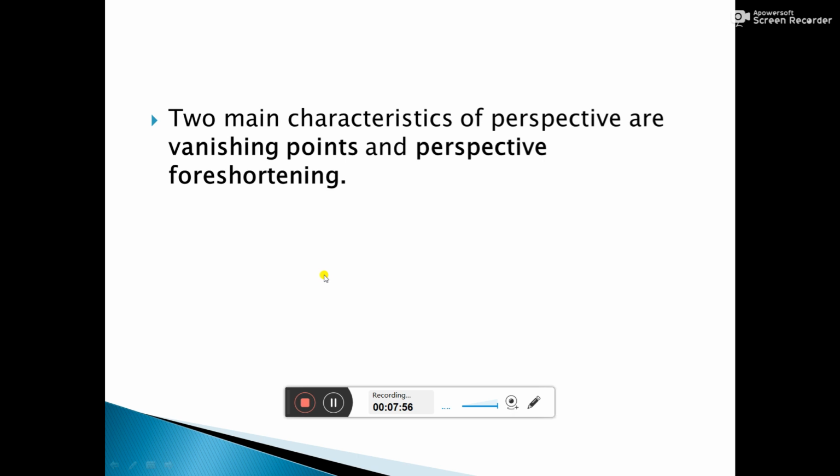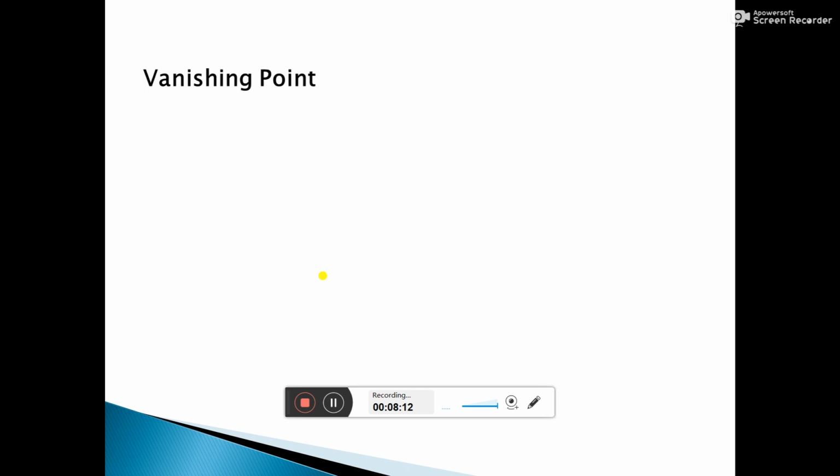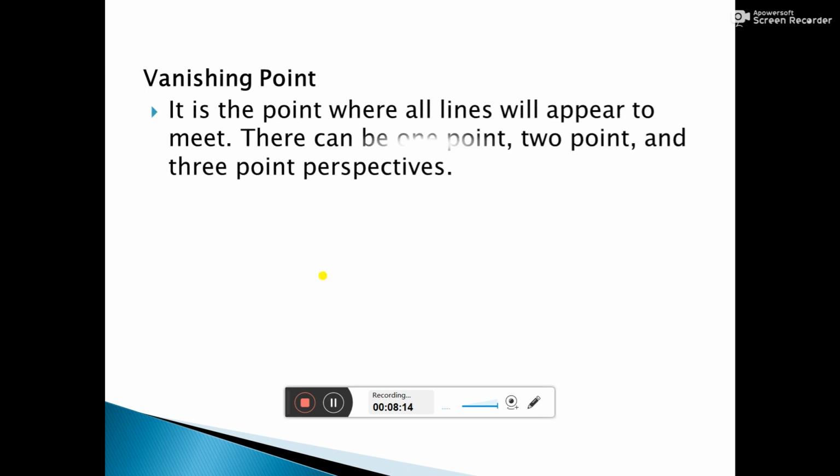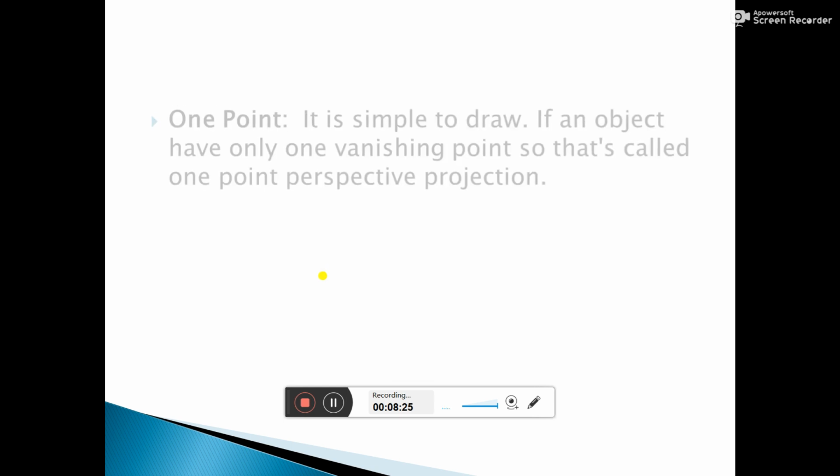Two main characteristics of perspective are the vanishing point and perspective foreshortening. Due to foreshortening, objects and lengths appear smaller from the center of projection. Vanishing point. It is a point where all lines will appear to meet. That can be 1 point, 2 point, and 3 point perspective.